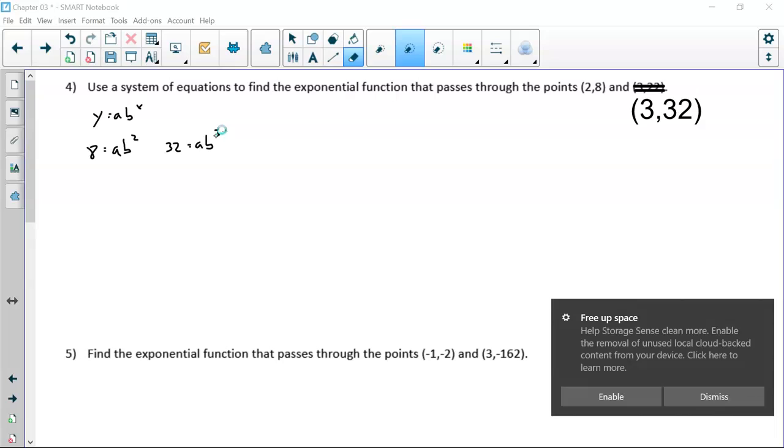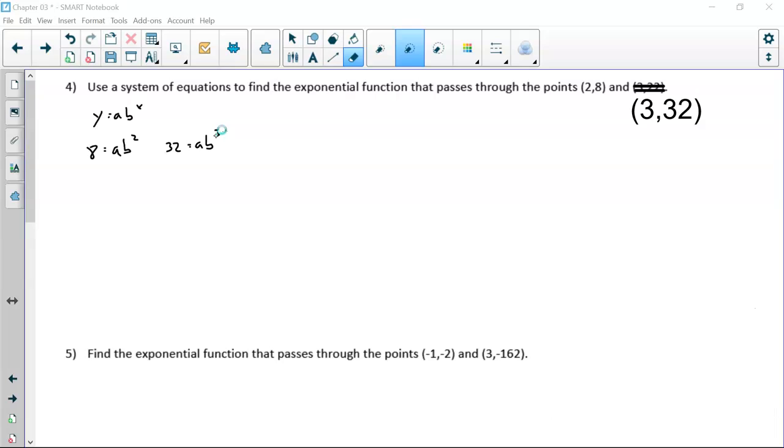What we can do is stack them. I want the bigger one up top. So 32 equals a b cubed, and we're going to divide by 8 equals a b squared. 32 divided by 8 is 4. The a's cancel. And for b, it's 3 minus 2. So 4 equals b to the first, which is b.